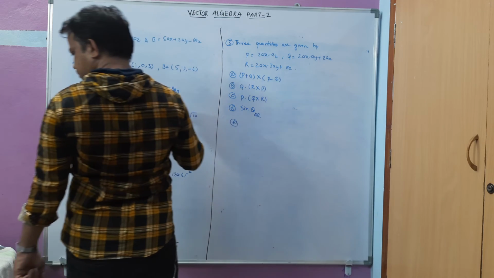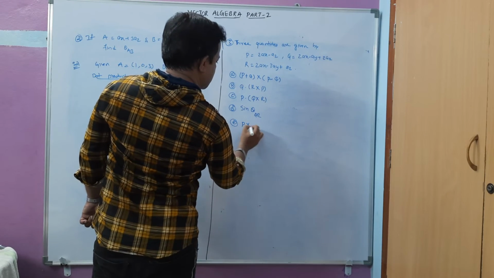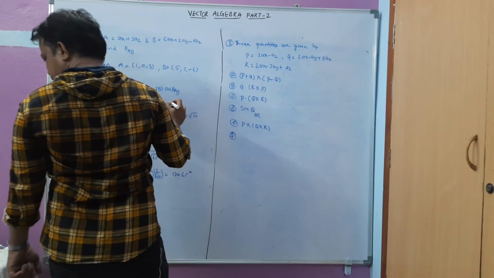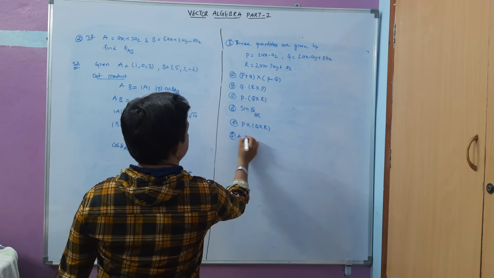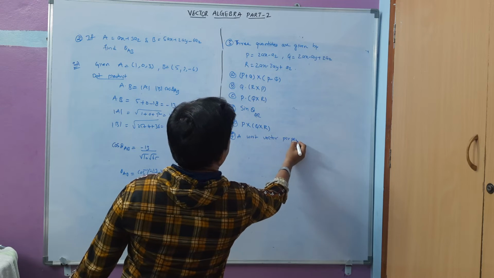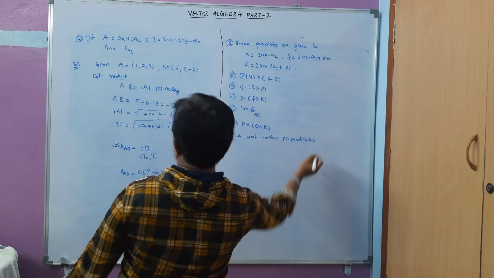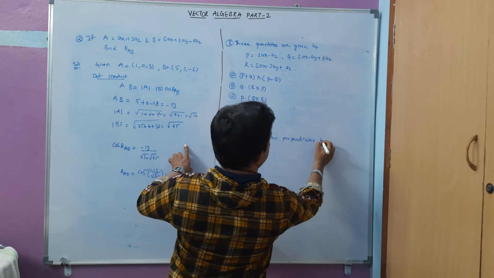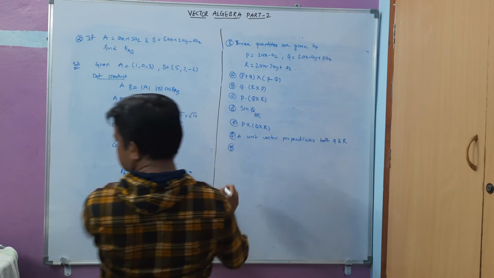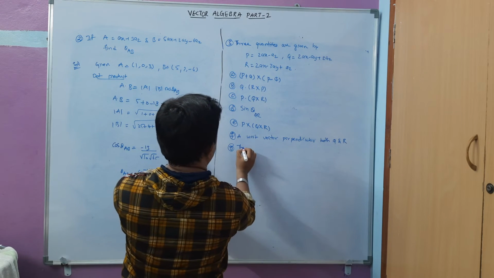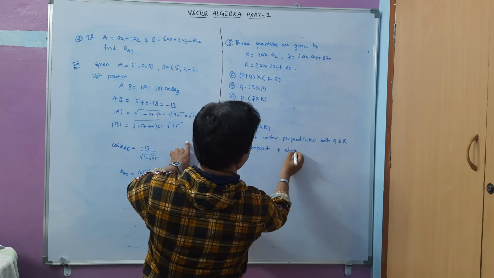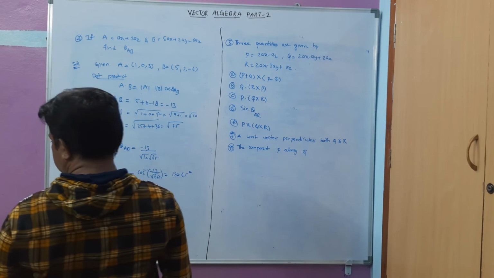E question, P cross Q cross R. Next F question, a unit vector perpendicular to both Q and R. And G question, the component of P along Q. Okay, now let us do this problem one by one.